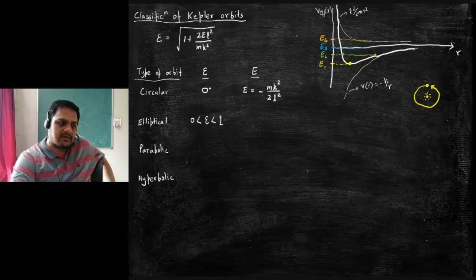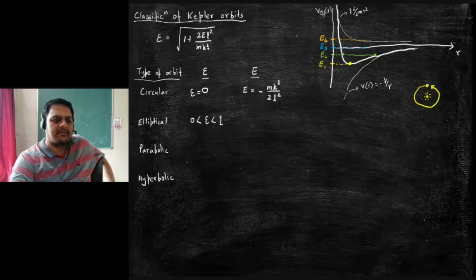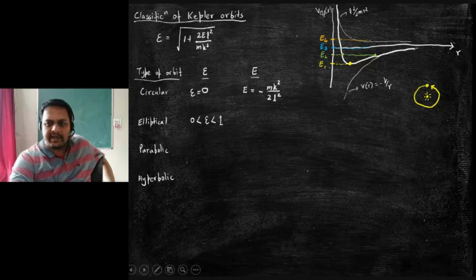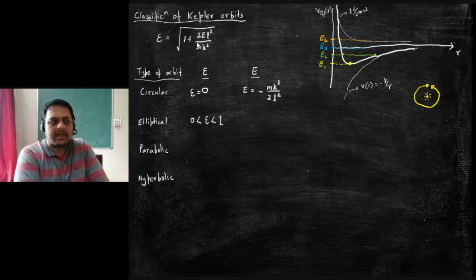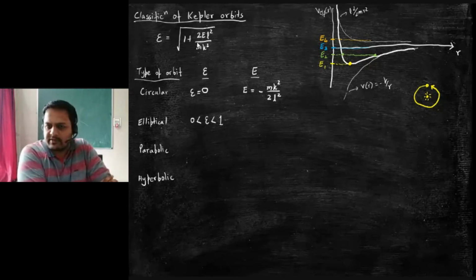Epsilon is equal to the square root of 1 plus that term. If 0 less than epsilon less than 1, it means this quantity has to be negative. 2EL square by mk square has to be negative. If it is positive, that whole term is 1 plus some positive number.